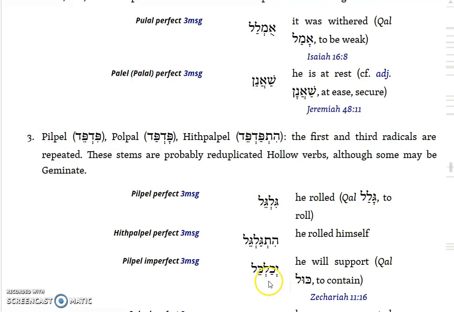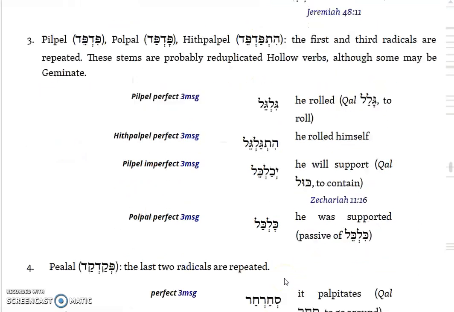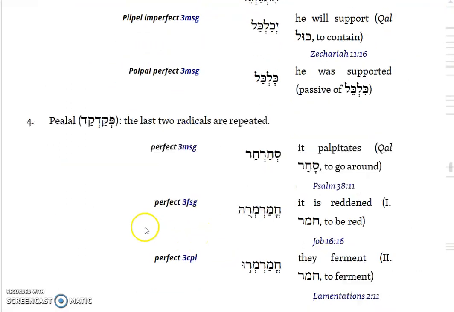Kilkel, he supported, or he will support, from kul, to contain, and to make something contain, to support it, is that particular form. And then you have the polpal form, which would be passive. Kulkal, he was supported.